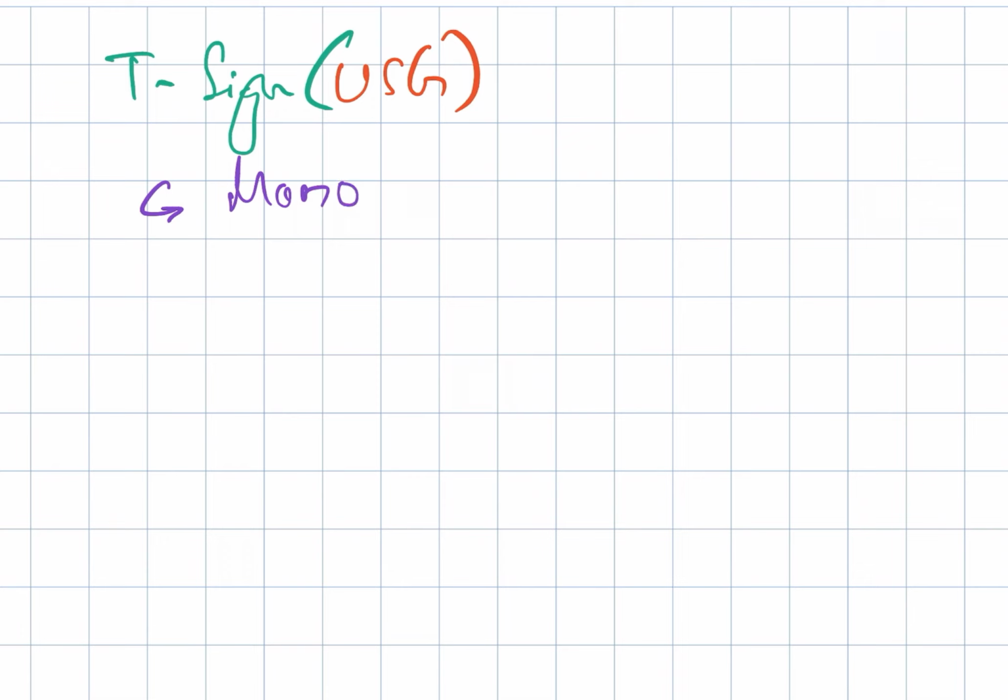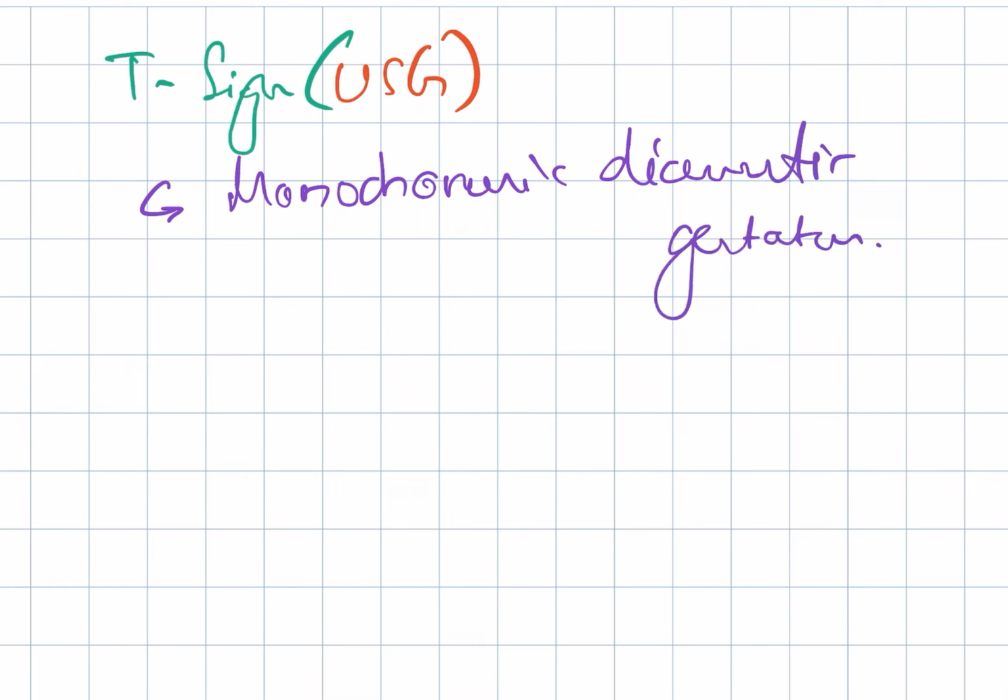Looking at the next sign, it is called the T sign, and T sign is seen in monochorionic diamniotic gestation.